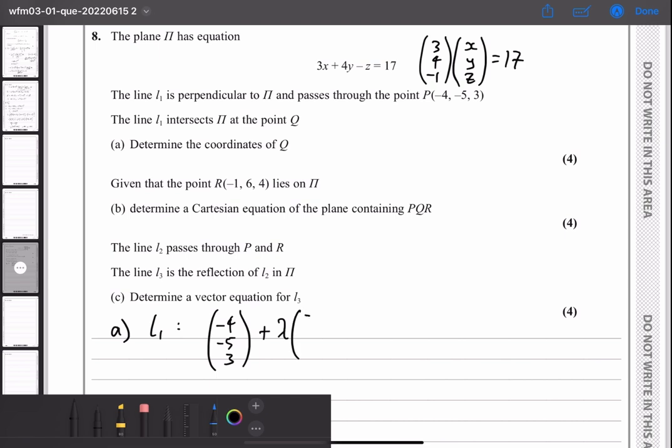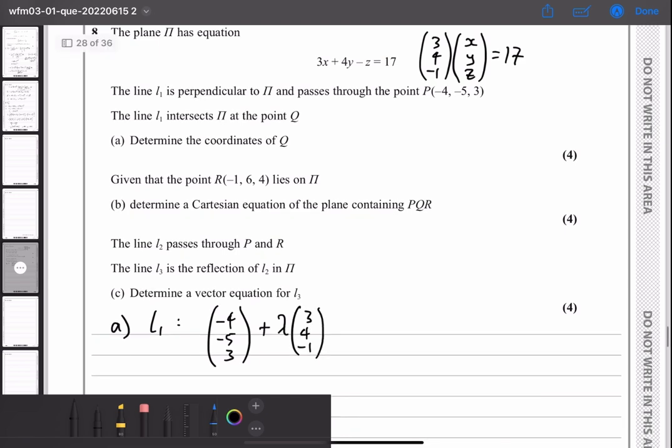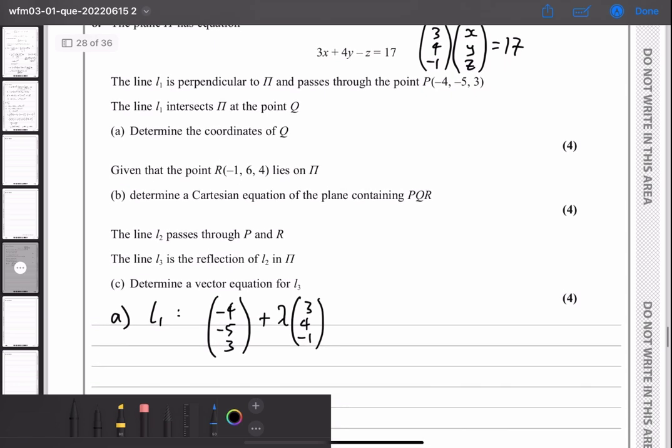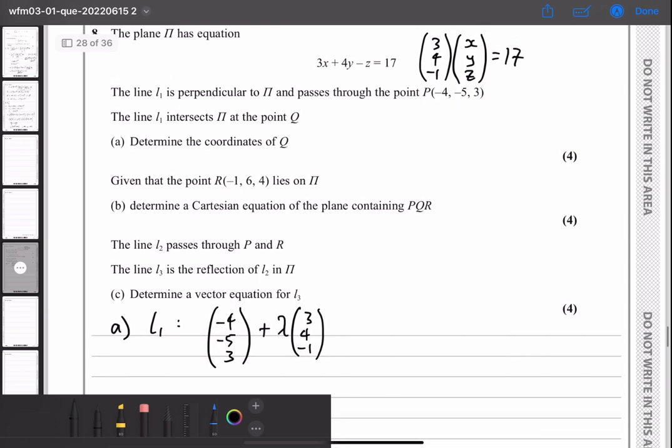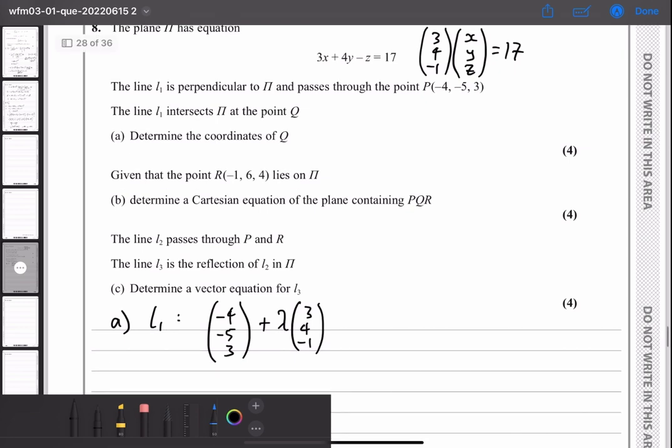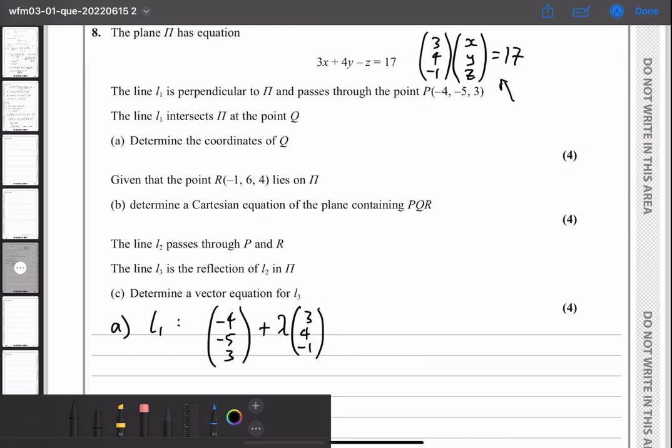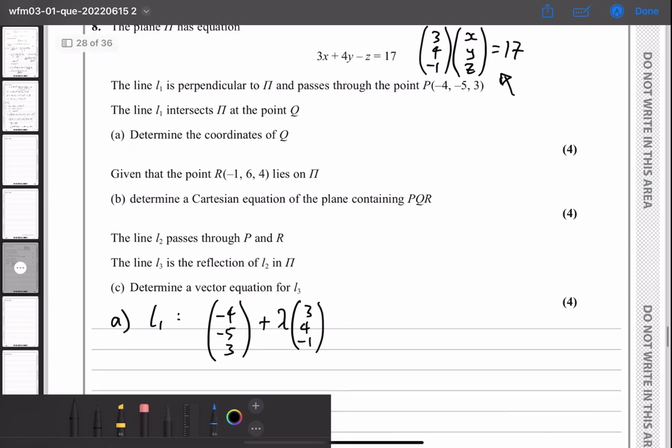So I can use that straight away out of the equation to call this an equation of L1. Now where that intersects the plane is the coordinates of Q, so I can just put this into what I've just written here, where x, y, and z will be minus 4 plus 3 lambda, minus 5 plus 4 lambda, and 3 minus lambda.